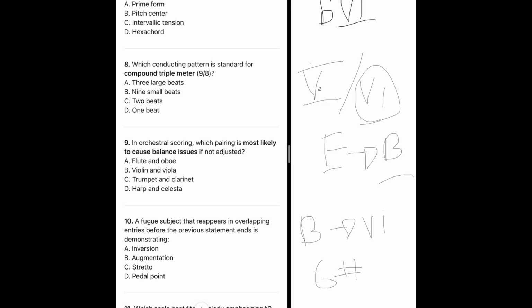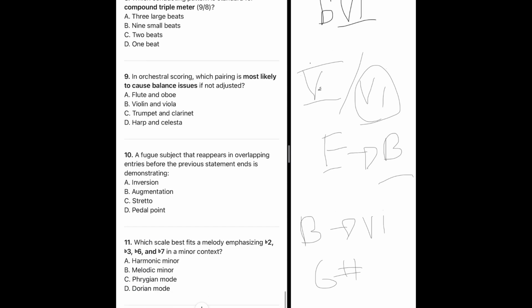Which conducting pattern is a standard triple? Is a standard? No, alright. For 9/8, some people would conduct this in 3/4. So that's going to be A. In orchestral scoring, which pairing is balanced if it's not adjusted?